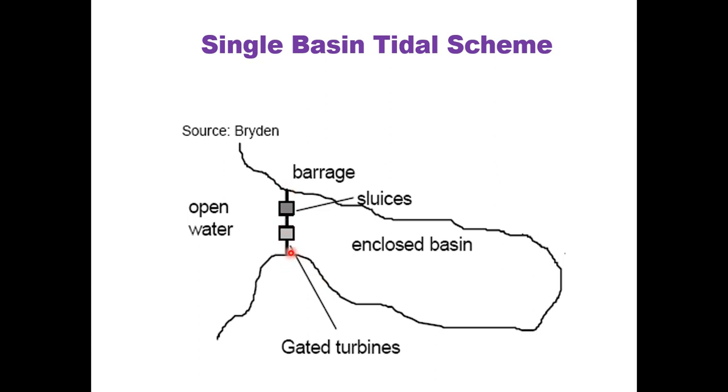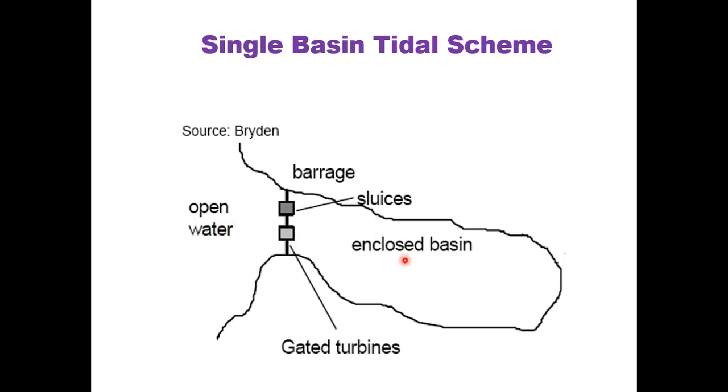And we have the bulb turbines, gated turbines, available on the platform, or you can say a bridge. In between the bridge and the ground there might be a DG set installed.